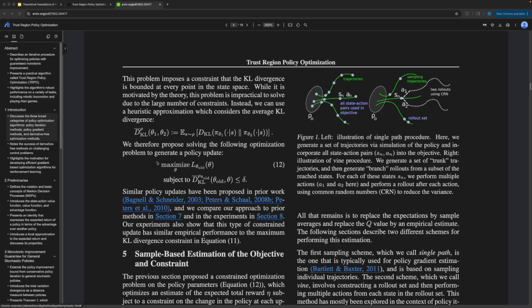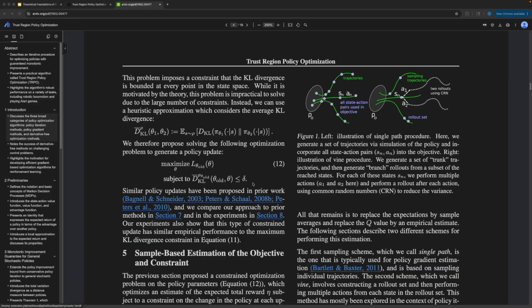So this gives you an algorithm to improve your policies. In a parameterized form, you want to find the theta which maximizes your L theta old to theta, while constraining the average KL divergence, where the averaging is done over samples coming from pi theta old, to be less than some variable delta.